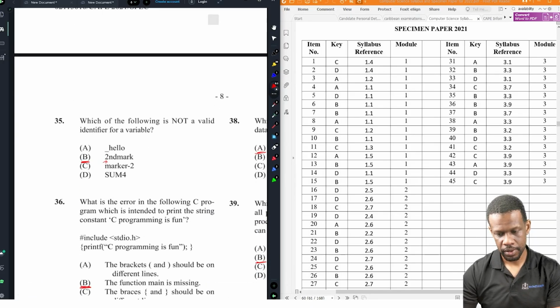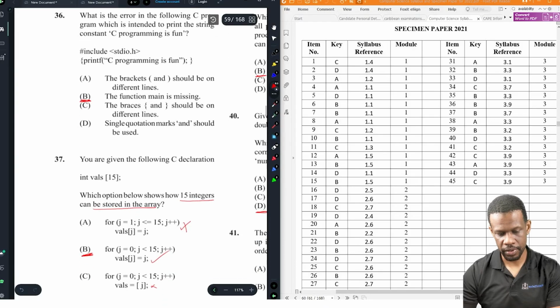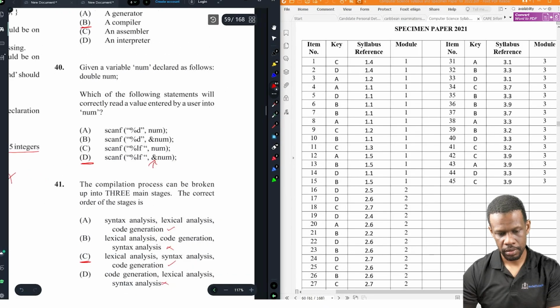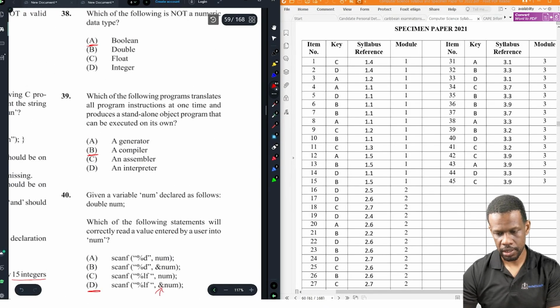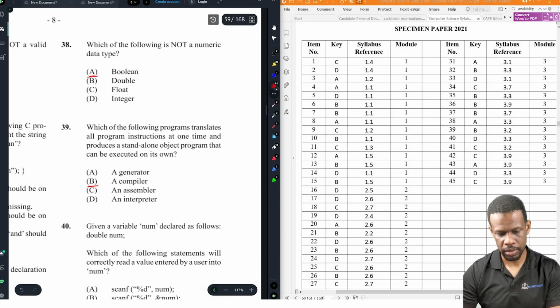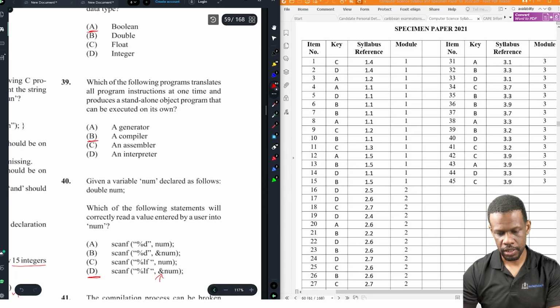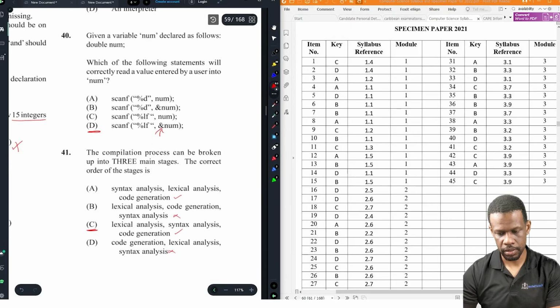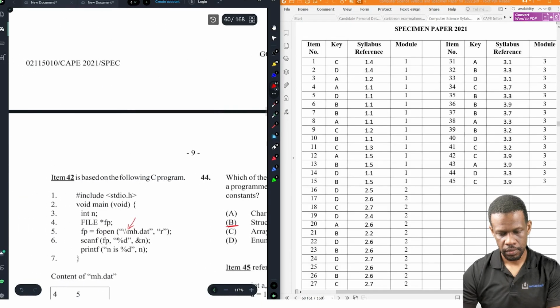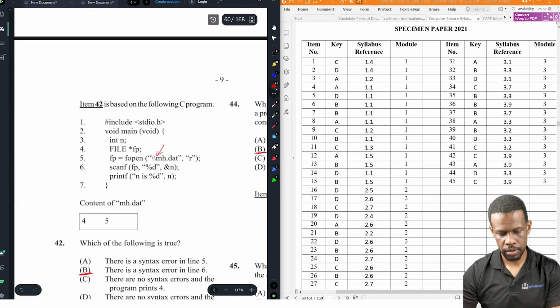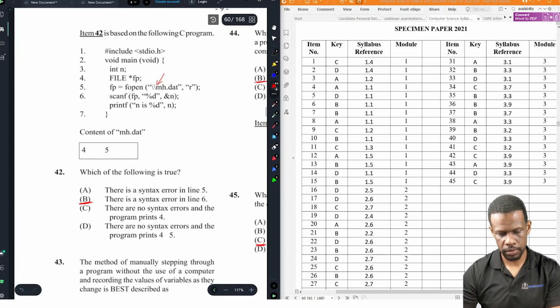35 B, 36 B, 37 B, 38 A, 39 B, 40 D, 41 C, 42 C. Oh, wait.